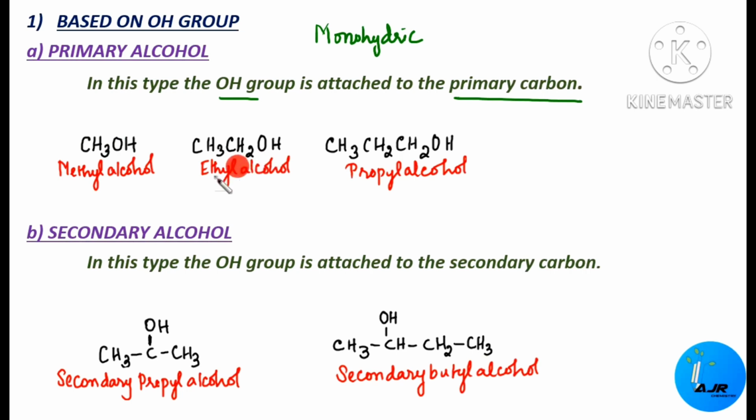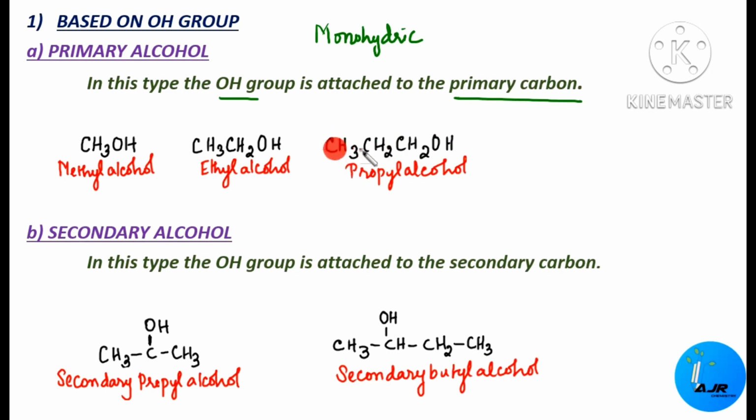Now check the next example, ethyl alcohol. This OH group is attached to this carbon atom and this carbon atom is attached to only one carbon atom. So this carbon atom is a primary carbon, and so this alcohol is a primary alcohol, because the OH group is attached to the primary carbon. Now the next example is propyl alcohol. Here, this OH group is attached to one carbon atom and this carbon atom is also attached to only one carbon atom.